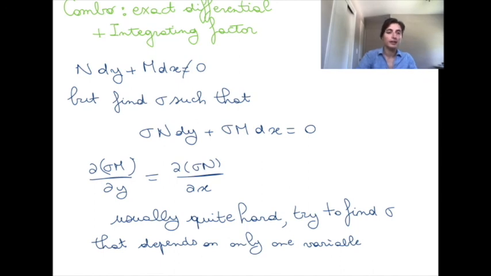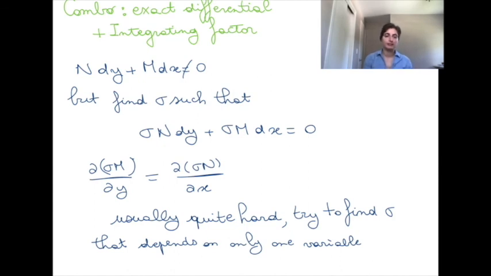What about combining this exact differential with the integrating factor? So let's assume that n dy plus m dx is not equal to 0. But we can find a sigma such that sigma n dy plus sigma m dx is equal to 0.